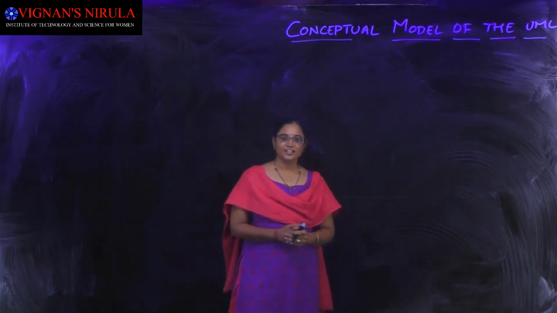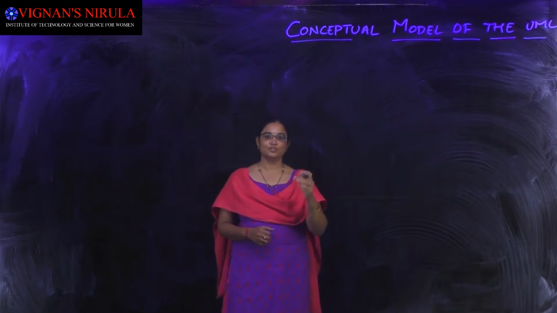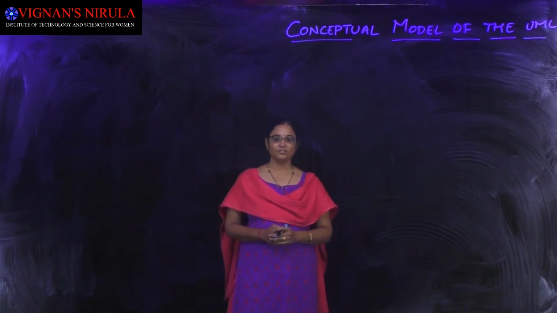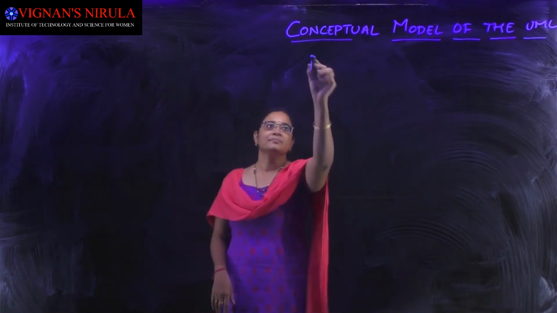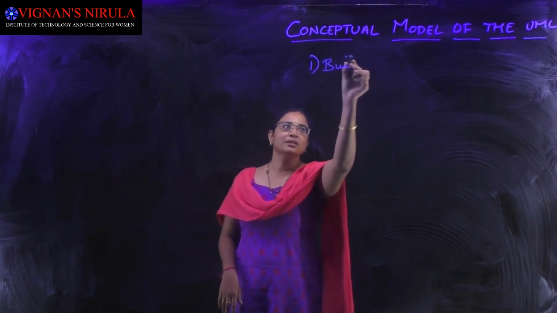To understand the intents of the UML, you need to understand the conceptual model of the UML. So, the conceptual model consists of mainly three things. First one is building blocks of the UML.